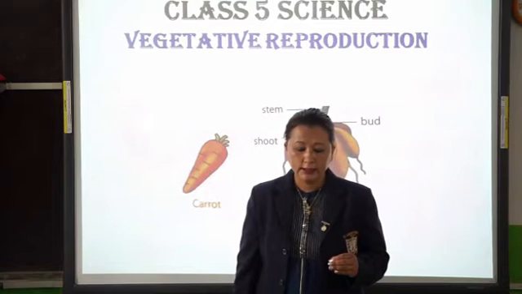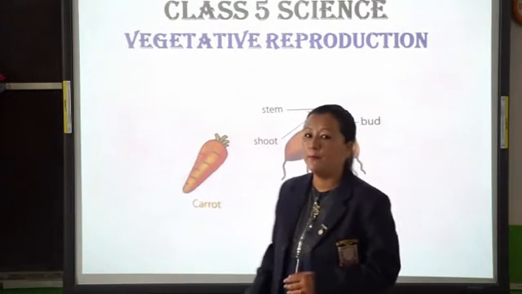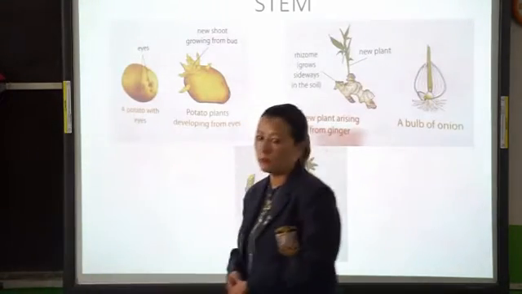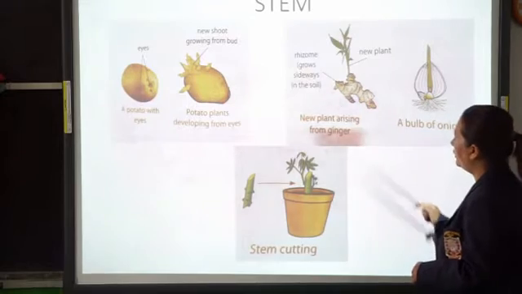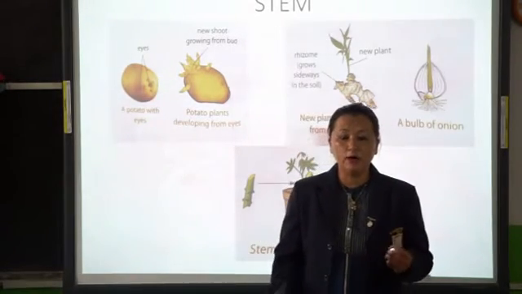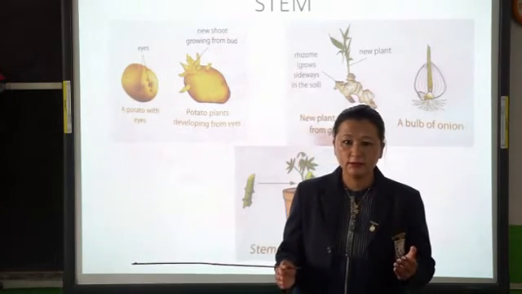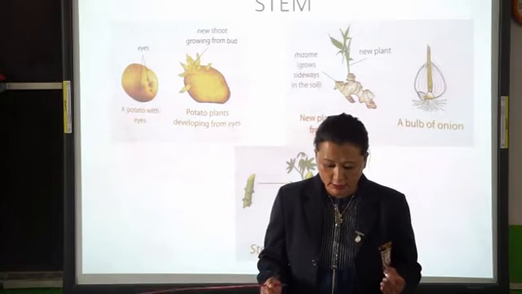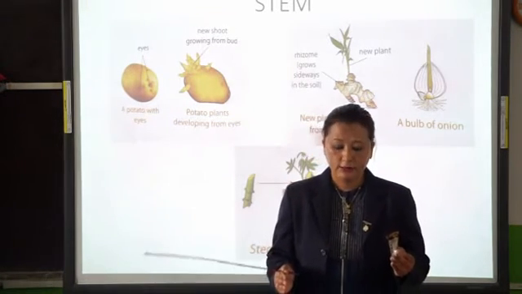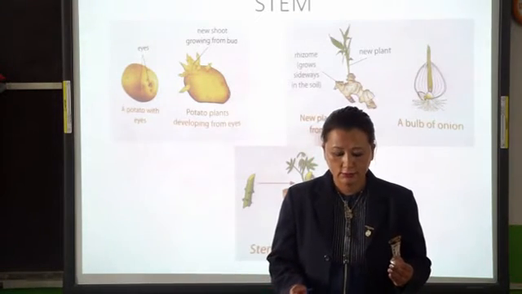Now let us see the next one, which is reproduction from stem. You can see the pictures over here. Stems of some plants may give rise to new plants. Potato, ginger and onion are some stems which grow under the ground.